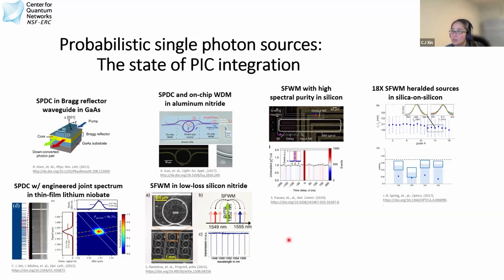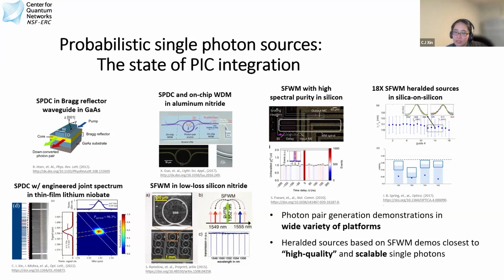So basically, in summary, they're generated in a wide variety of platforms. It seems that heralded sources based on some spontaneous four-wave mixing demos are the closest to what we call high quality, which means they have good interference visibilities, and also scalable, because you have a demo where they made a large array.